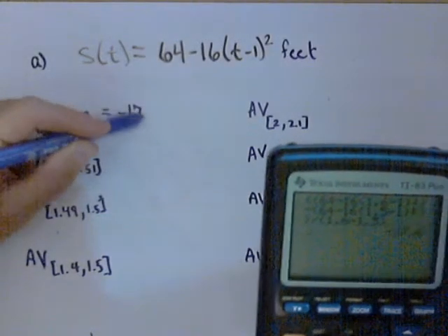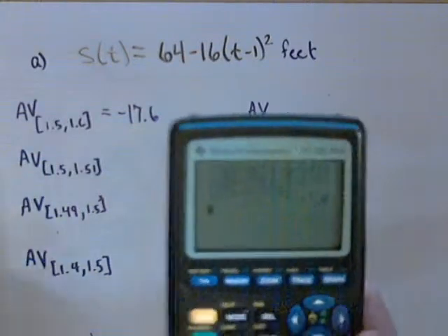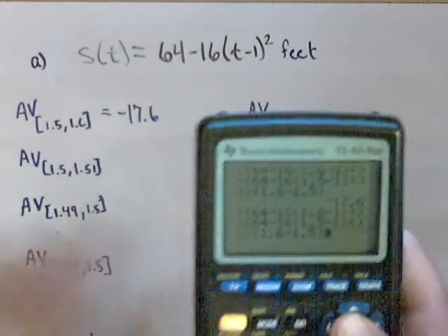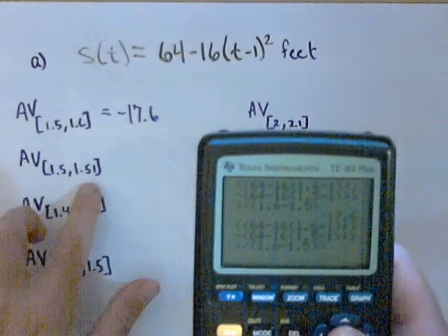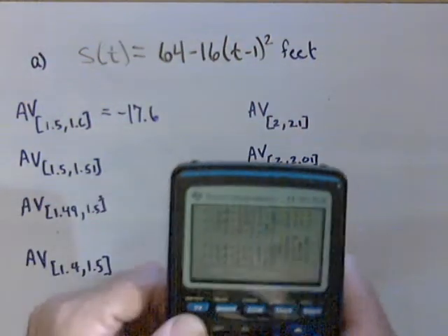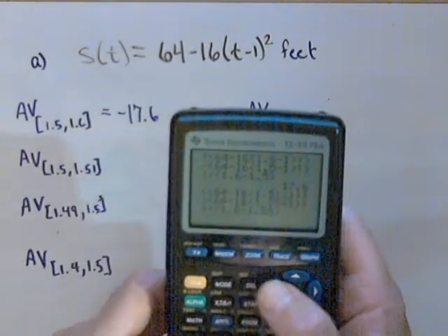Now, the reason that this helps us out is watch what we can do. I'm going to go down here and hit second entry, and it brings up what I just put in. Now if I want to do, say, between 1.5 and 1.51, I just need to change the 1.6 to a 1.51. So second, now I do need to insert the 1.